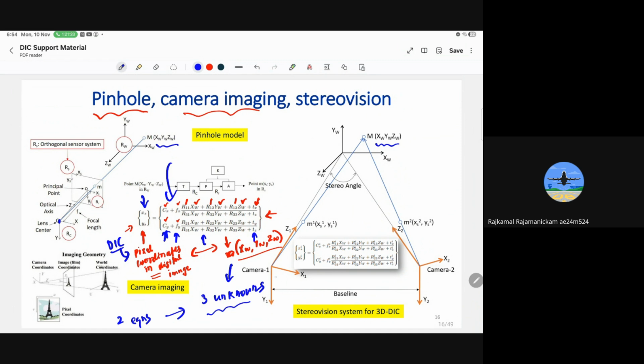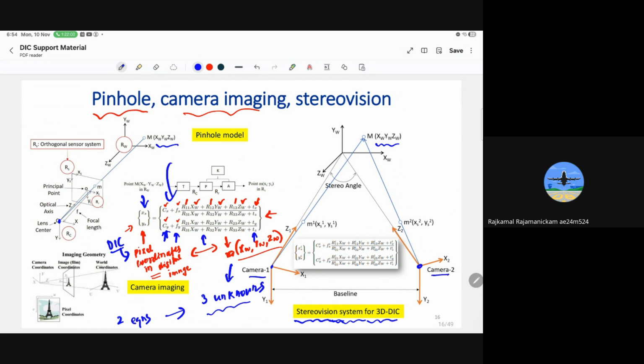To solve that problem, we have to use two cameras in a stereo vision configuration. Like the human eye, our eye system is basically two eyes configured in stereo vision, and that is how we are able to perceive information in 3D and 2D both. Okay. So similar to that, we have to add one more camera, camera 1 and camera 2.